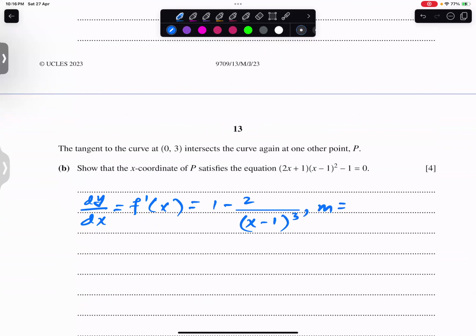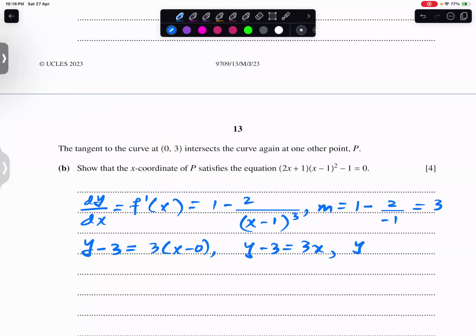So gradient of tangent will be, put this value of x, 0, here. 1 minus 2, 0 minus 1 is -1, cube will be -1. So this will be 3. So equation of tangent will be y minus 3 is equal to gradient into x minus 0. So y minus 3 is equal to 3x. So y is equal to 3x plus 3. This is my equation of tangent.